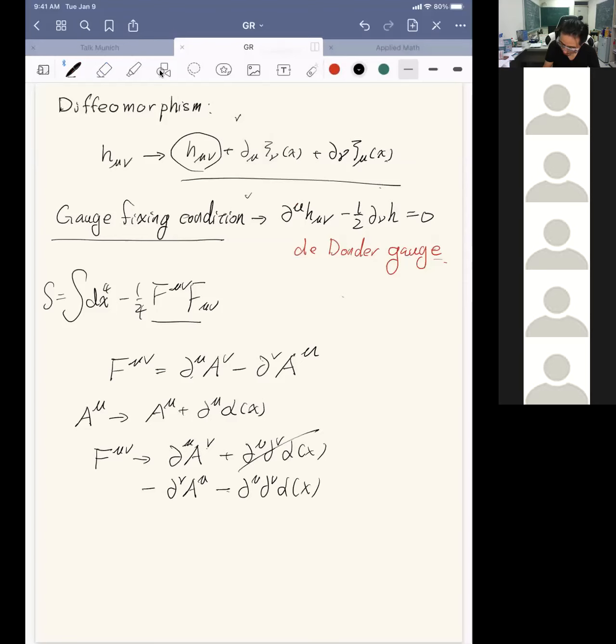And so you see that these two cancel, so F mu nu goes back to itself. That means that your Maxwell action is invariant under this gauge transformation.